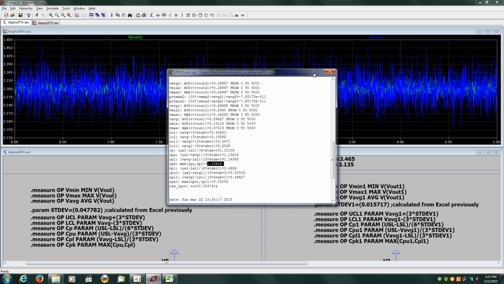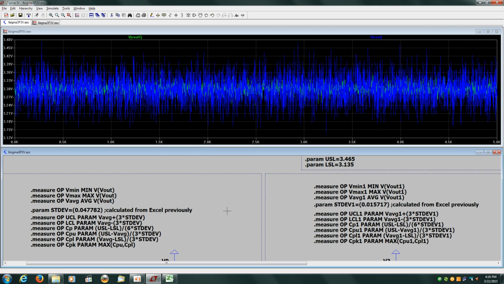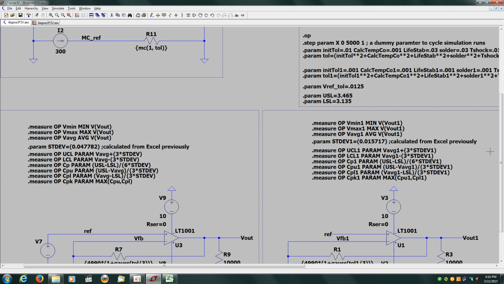If you're really sensitive, you might say, well, I only need one 0.1% resistor to push this just over the limit because we're pretty close. Anyway, you can play those games where you find the components that your design might be most sensitive to. And so that's basically how you do that.